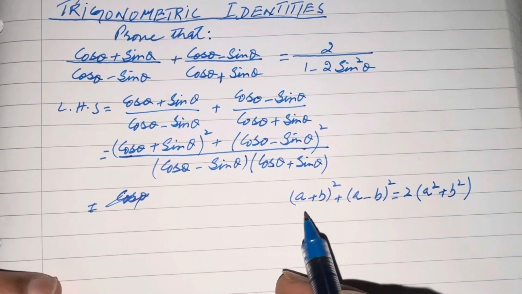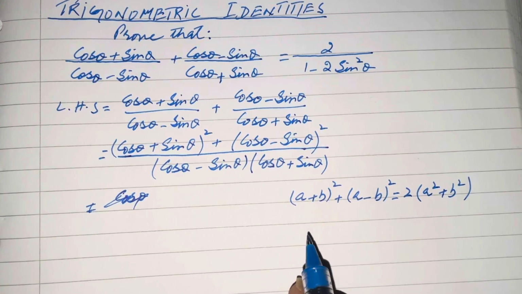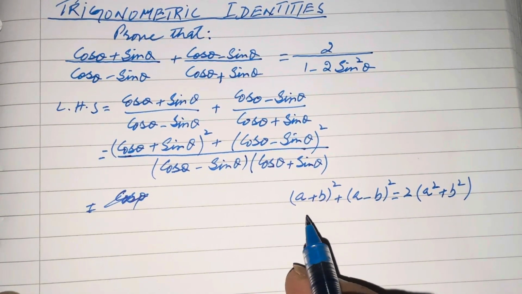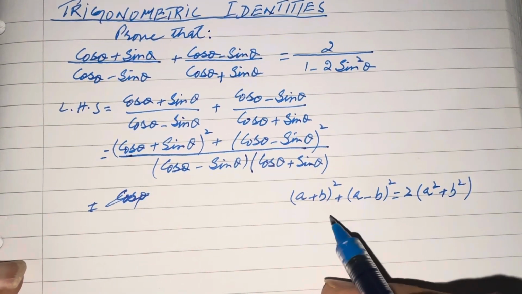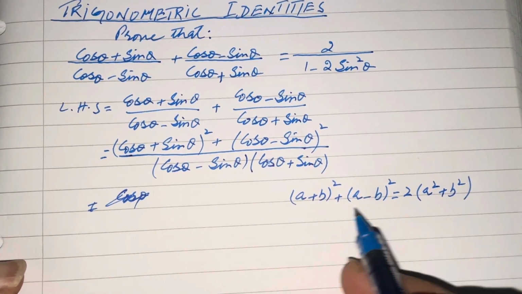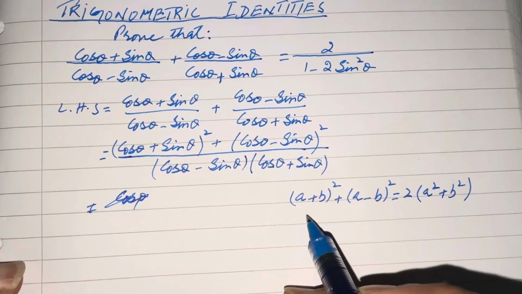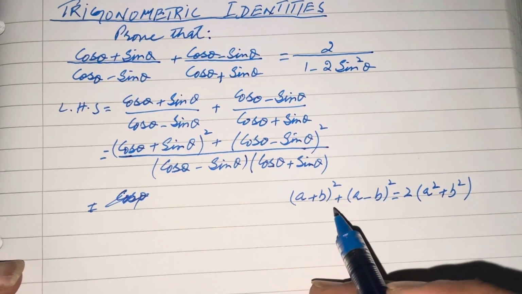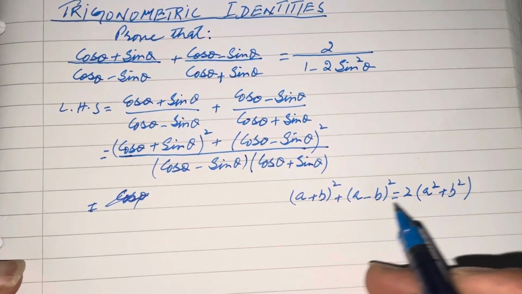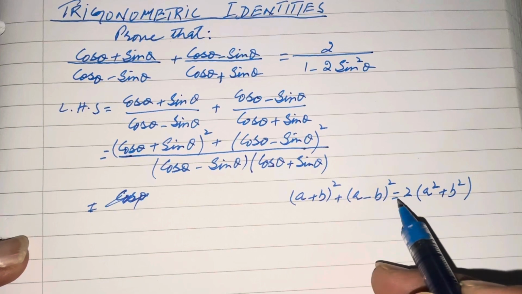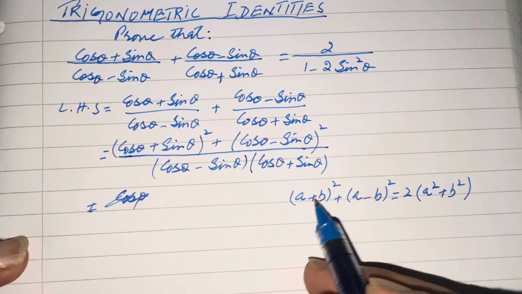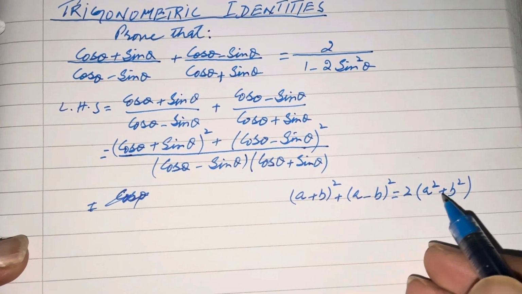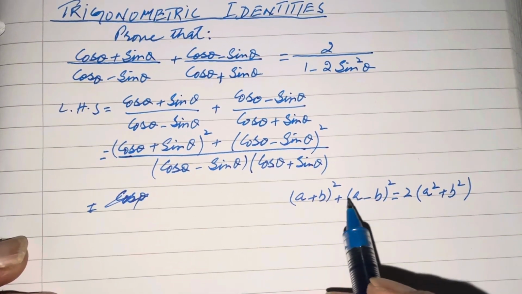If you remember, in my initial lectures about the algebraic identities, we have learned about these kinds of formulas. So I'm not going to explain over here, I'm just going to write straight away the algebraic identity. The first algebraic identity we are going to use is (a plus b) whole square plus (a minus b) whole square always equals 2 into (a square plus b square).